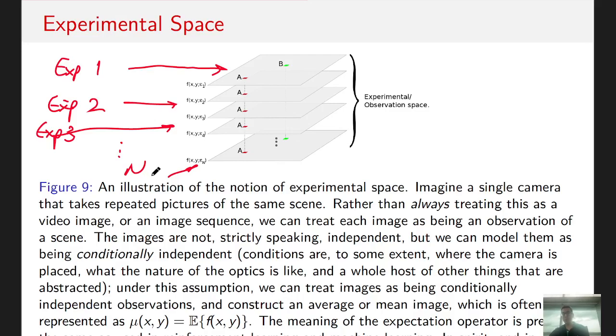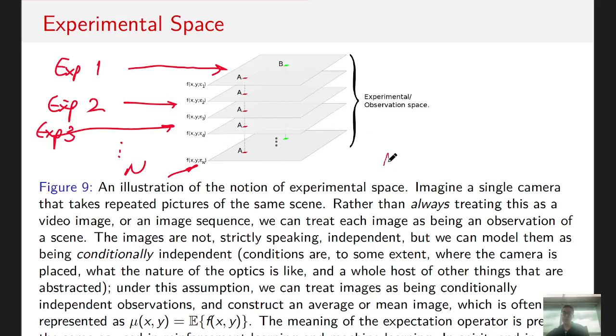Okay, so that's pretty obvious. However, the expected value of intensity at A is, by definition, the average intensity when the number of experiments tends to infinity.